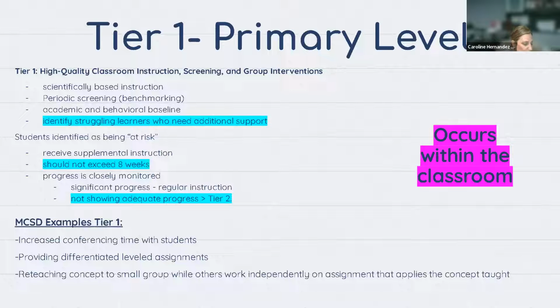It might be a group of students that are pulled together during class time. It could look like increased frequency of conferencing with students. It could be providing differentiated levels of assignments. And it could also, like I said, be something that is done in a reteaching concept to small groups, while other students in the classroom might be working independently with the skills that they are able to use on their own.